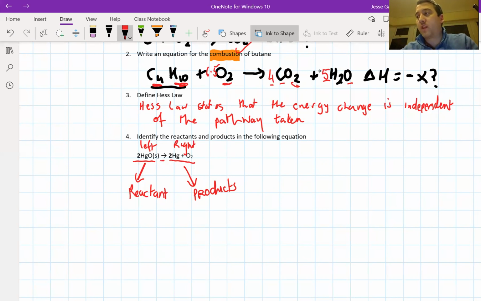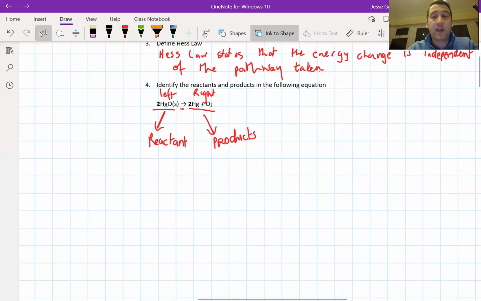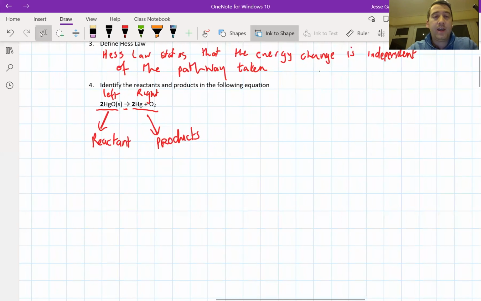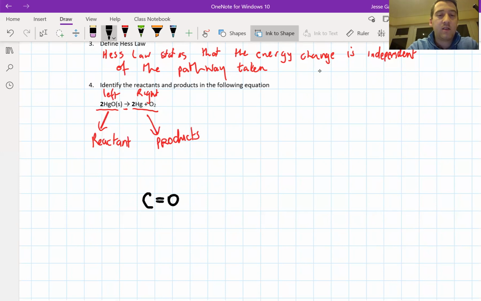A couple more things that I need to make clear before we begin. One of those is, before we begin any calculations, we know that when we break bonds, for example, if I break this bond here, I've got C double bond O, double bond O. Here I've got some chemical bonds.